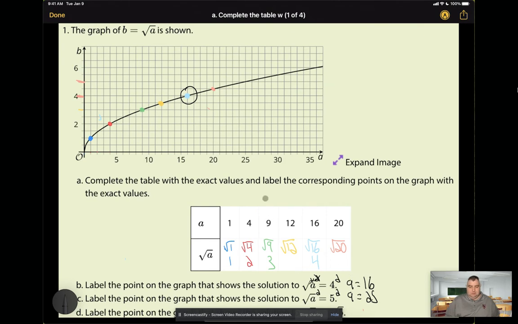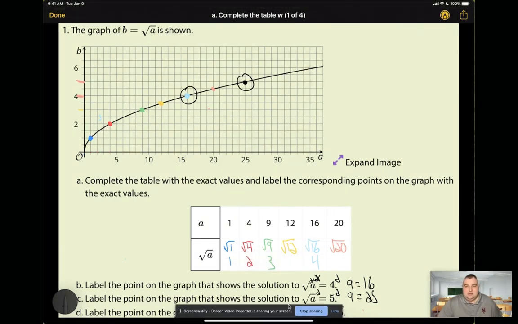So when a is 25, let's go to 25. b should be equal to 5, and let's see if that does happen. It does. So that would be this point right here that I just circled again.